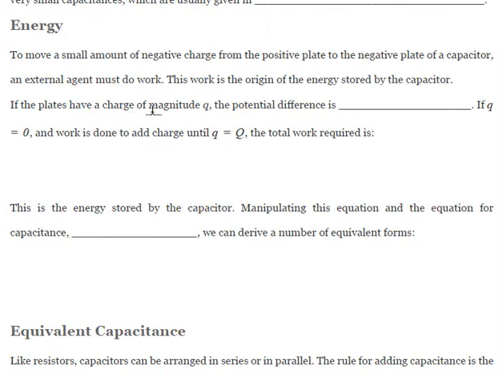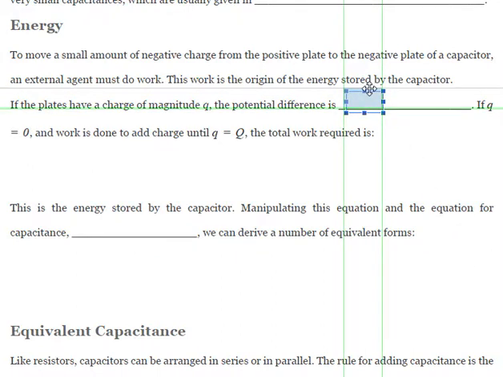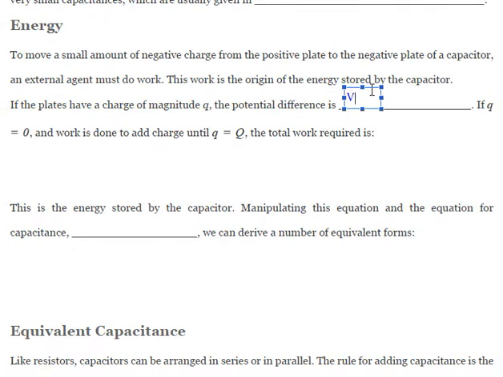So if the plates have a charge of Q, then the potential difference between them would be, from that equation we just had, V equals Q divided by C. Just do a little bit of algebra to rearrange our equation.